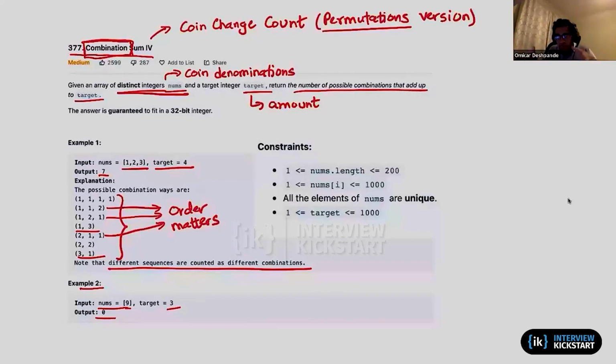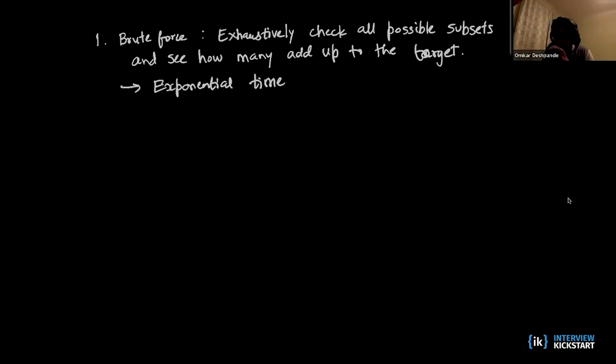Even trying out all subsets of those individual coins, where each coin either appears 0 times or once, either excluding or including it, that would need order 2 to the power n time, right? If n is the length of the array that you're given.